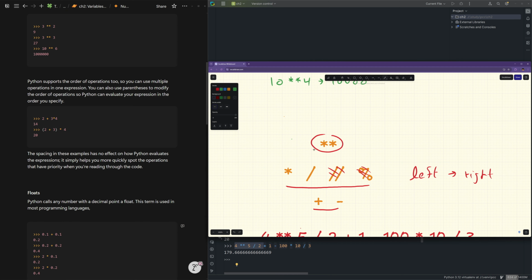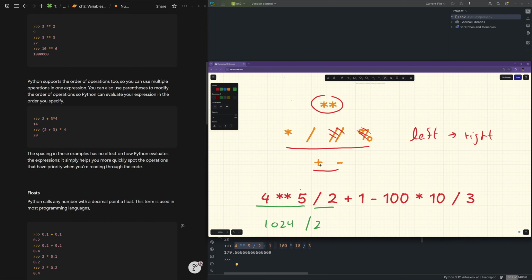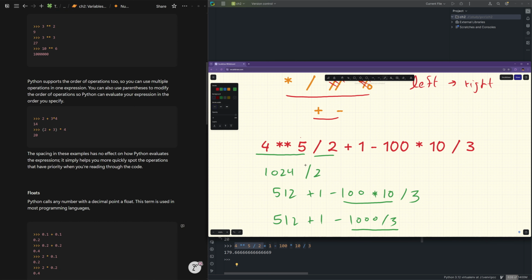First we have exponentiation, then multiplication and division. What will be done first? We read left to right. And finally, addition and subtraction. We apply the same rule. We read left to right, whatever appears first.